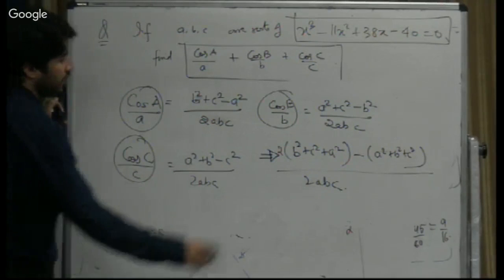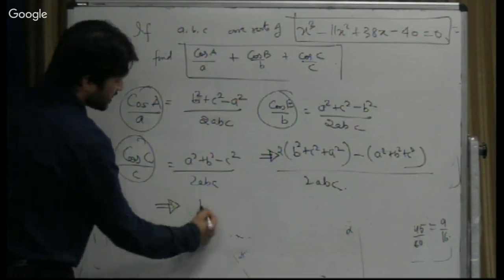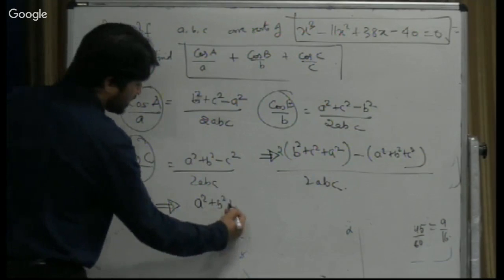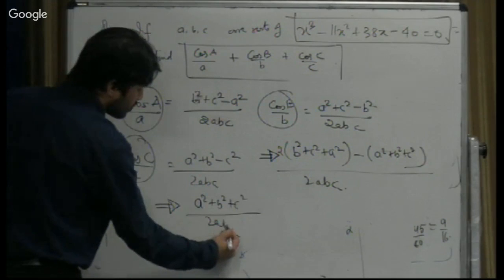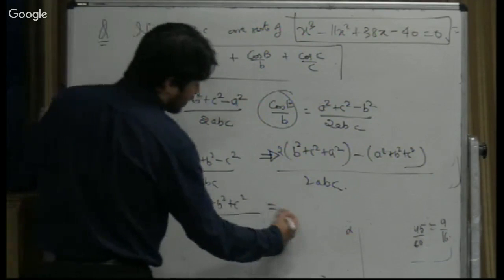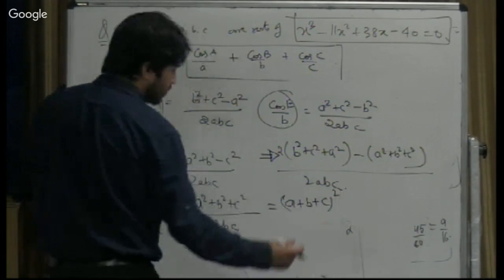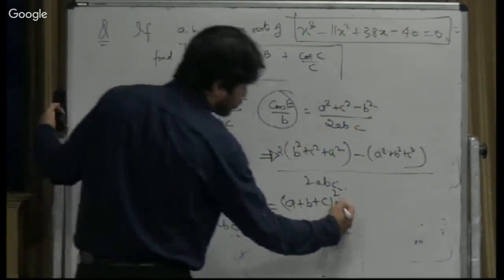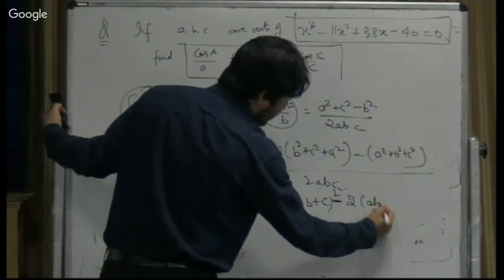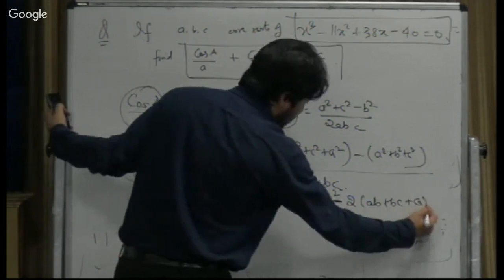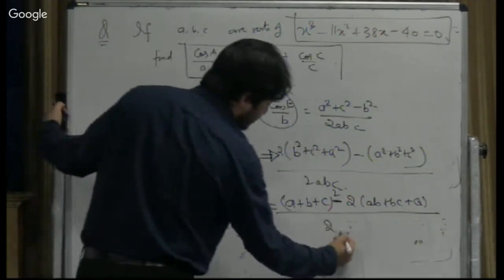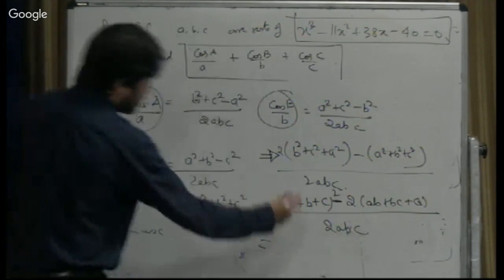Okay. Now this is actually a square plus b square plus c square upon 2abc. Now a square plus b square plus c square, a long time ago when you were in class 9th, there was this formula: a plus b plus c whole square minus twice of ab plus bc plus ca upon 2abc. Now what is a plus b plus c?